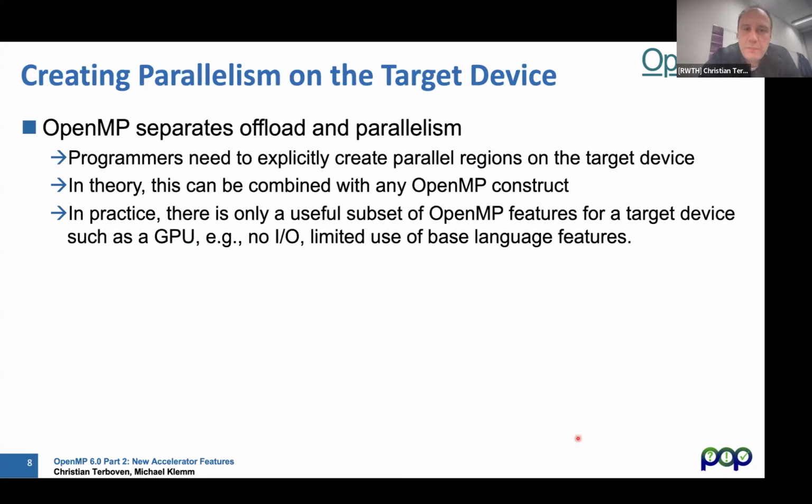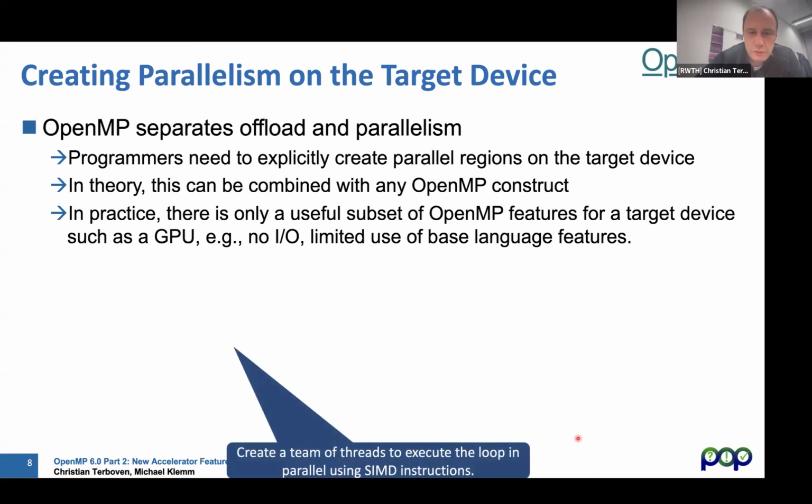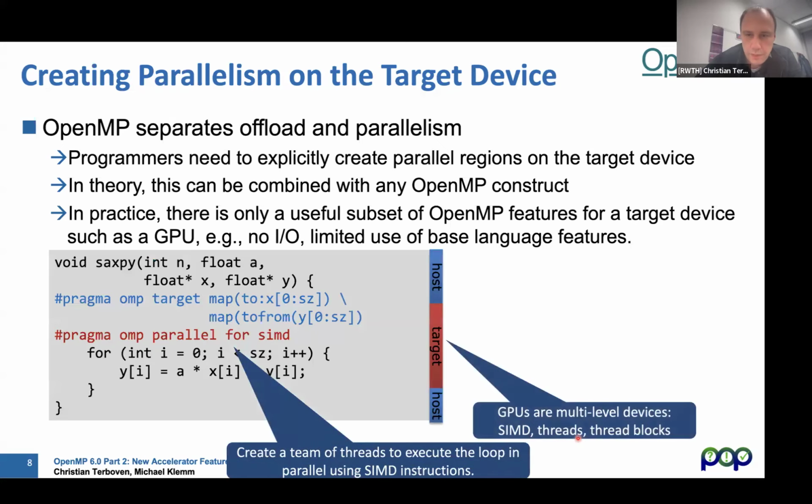The idea is that OpenMP separates offload, this is the managing of the data environment and starting the kernel, and expressing parallelism. So we need, as programmers, explicitly some constructs to make sure that we are using all those GPU cores that are available on the device.